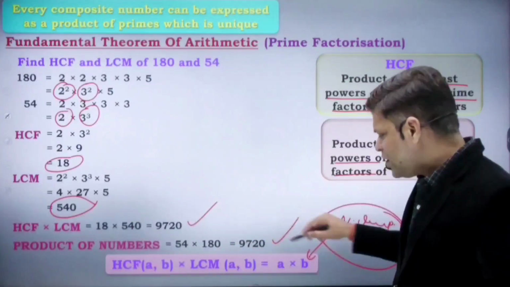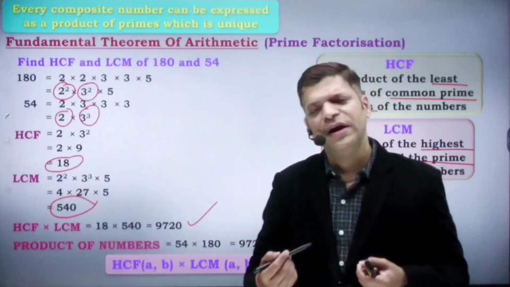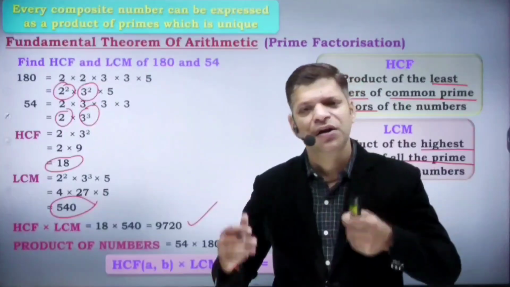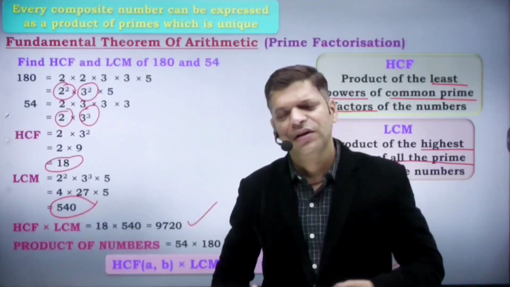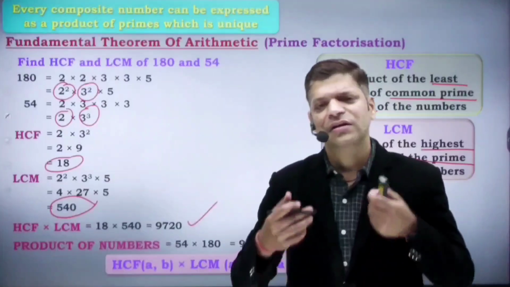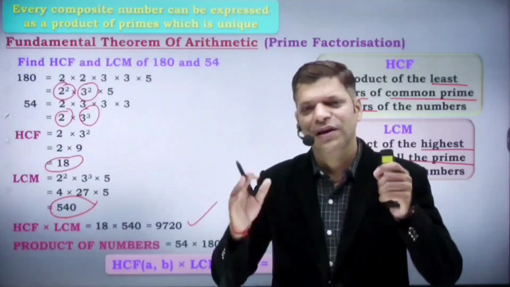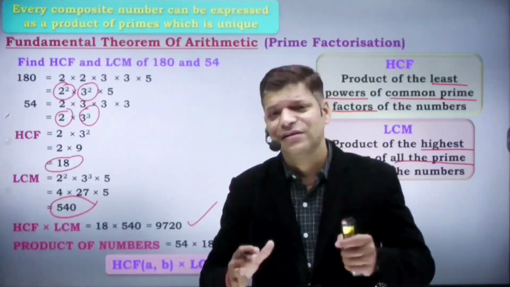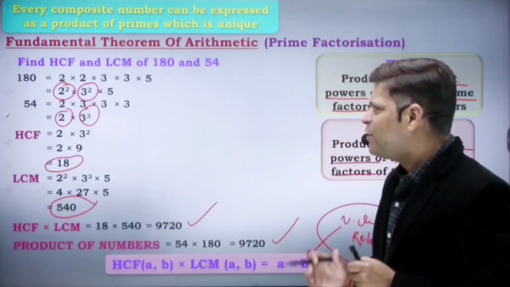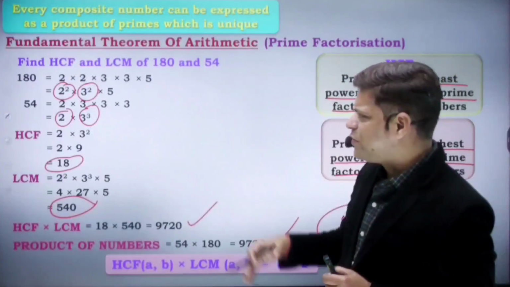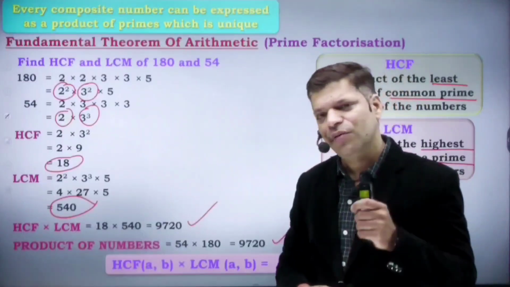So with the help of the given quantities we can find the unknown very easily. Either the numbers, or the HCF or LCM, we can easily find out by this relation. Okay, so here we understand this first concept based on the fundamental theorem of arithmetic.